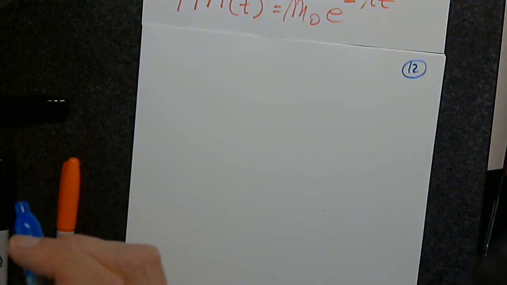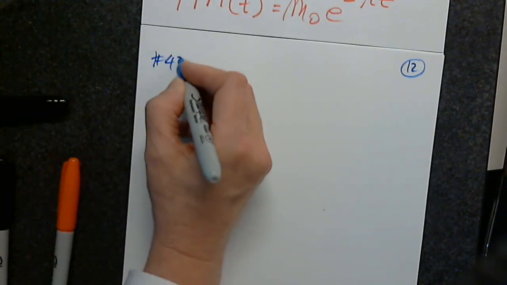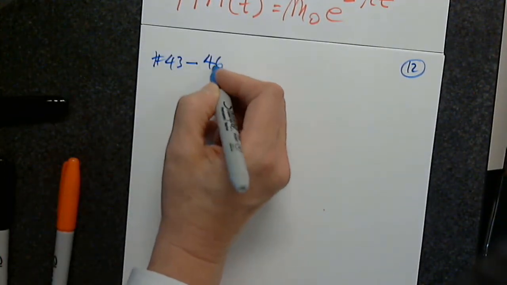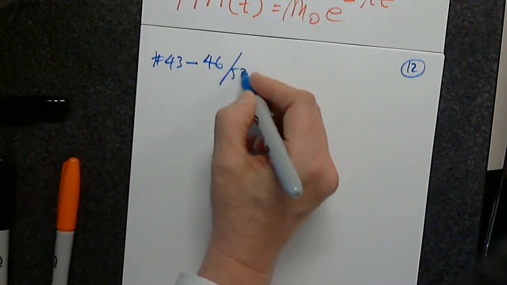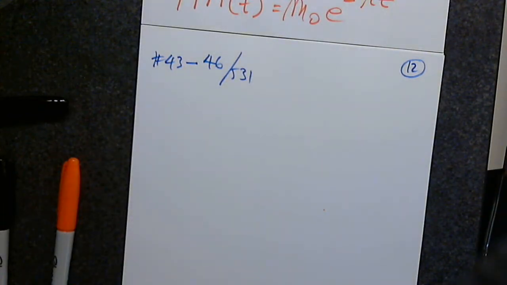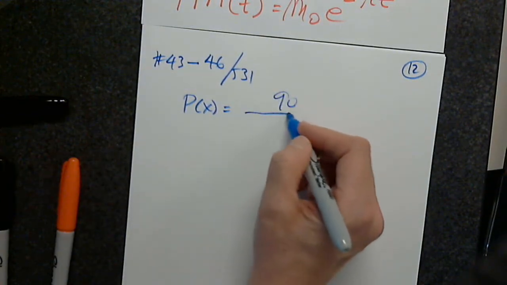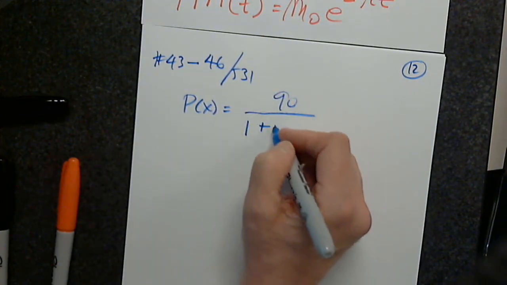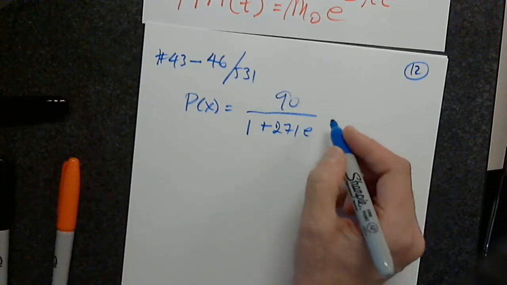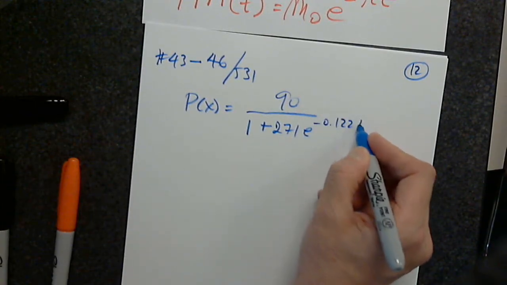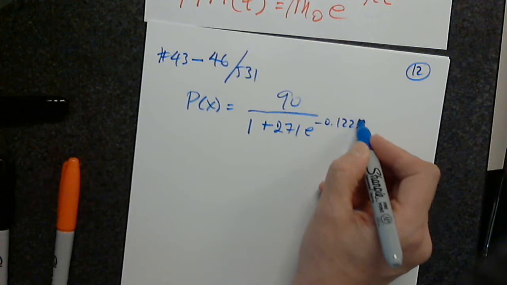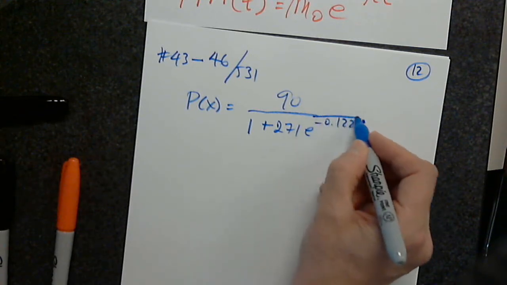Okay, let's look at 43 through 46 on page 531. P of x equals 90 divided by 1 plus 271e to the negative 0.122x.